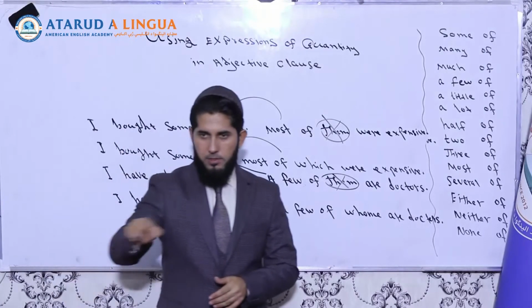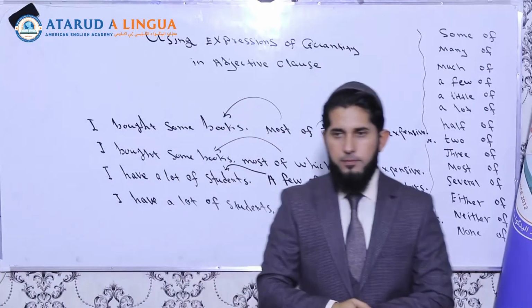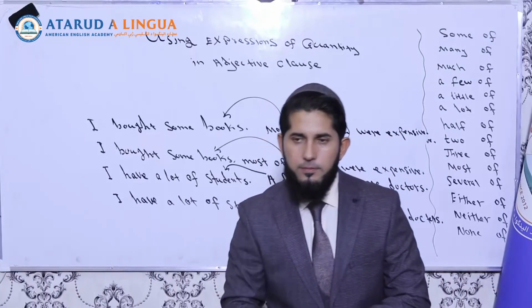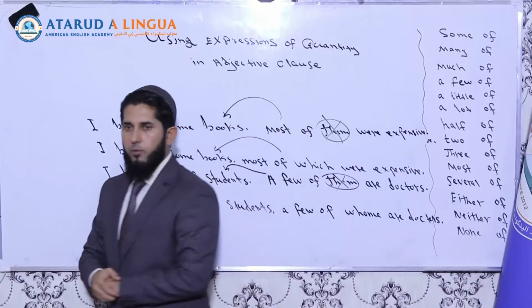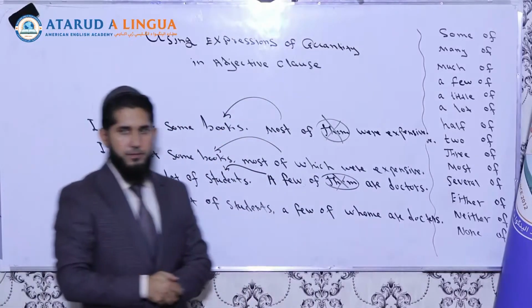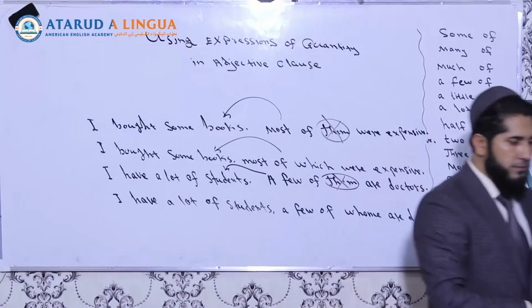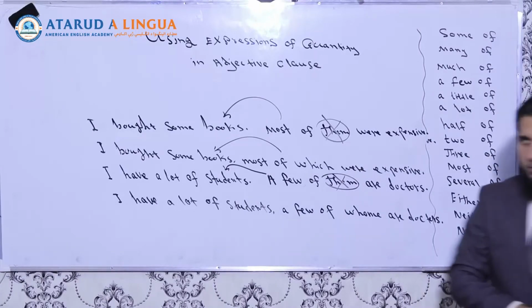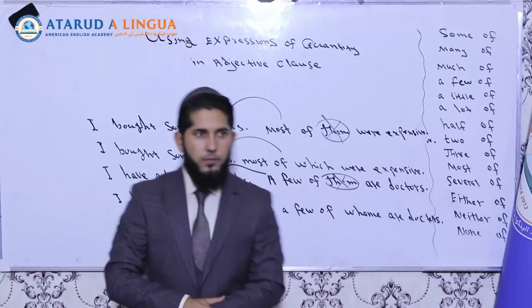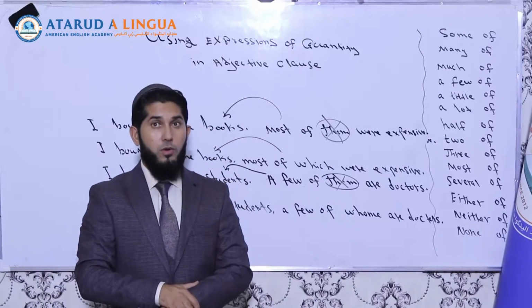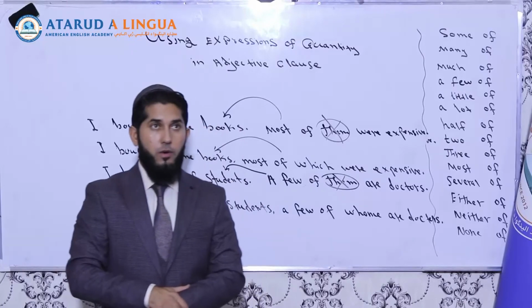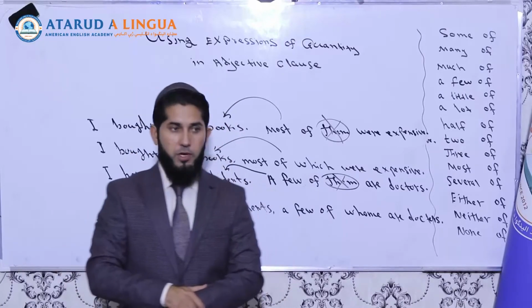I read three books, none of which was a novel. Okay? Our teacher appreciated the students, either of whom was lazy. Okay, either of whom was intelligent, or either of whom were intelligent.